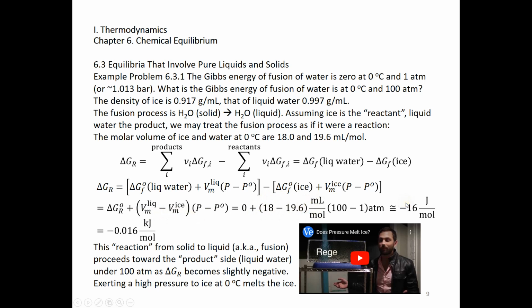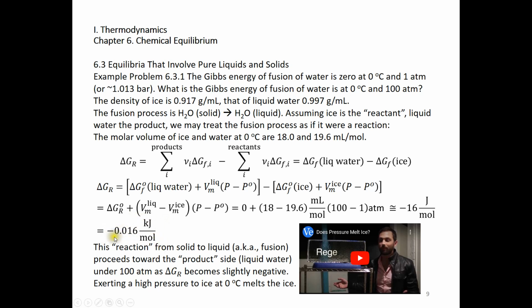So we plug in all the numbers, we get negative 16 joule per mole, which is negative 0.016 kilojoule per mole. So even if we change the pressure from 1 atm to 100 atm, the Gibbs energy of this fusion process changes only by negative 0.016 kilojoule per mole.